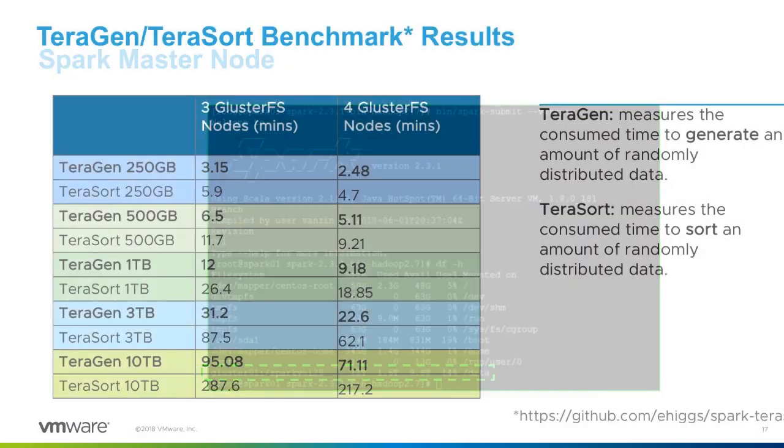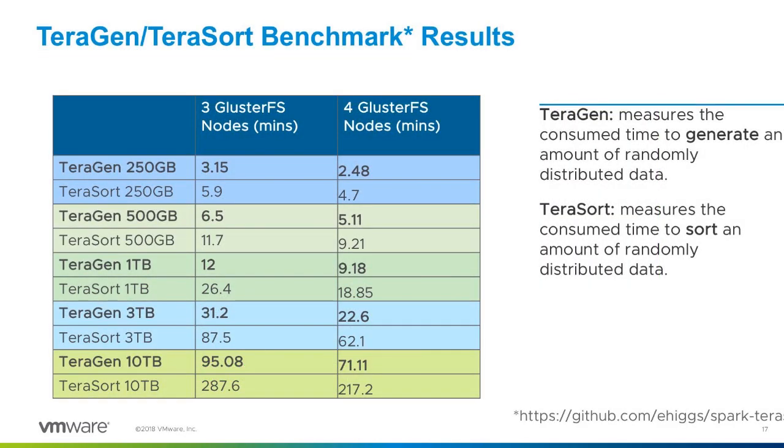Okay. Yeah, for the benchmarking results, as a brief intro, TeraGen is a randomly generated data benchmark. It generates random data in a certain size that you specify. For example, we specified 250 gigabytes, so it generates random data of 250 gigabytes.